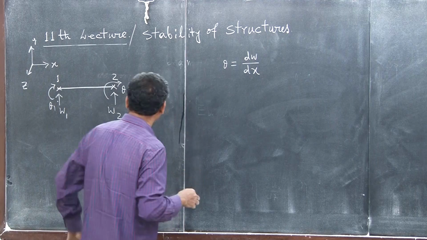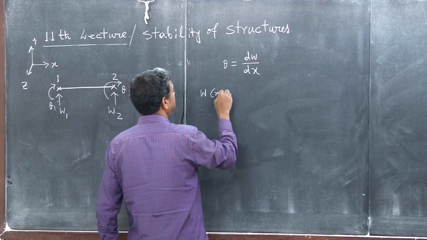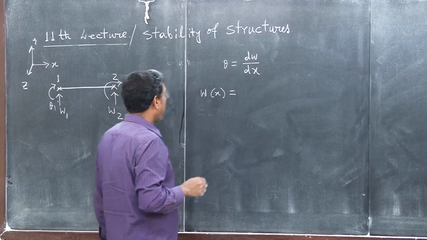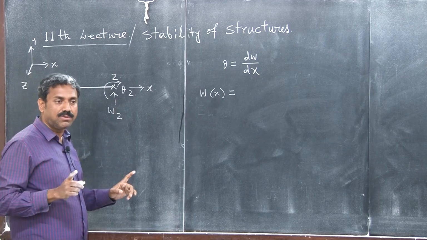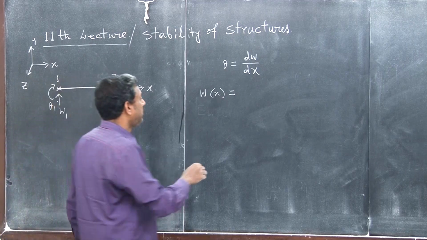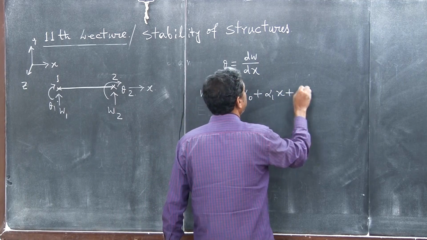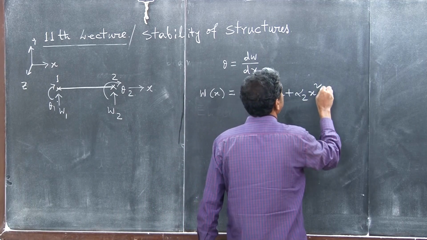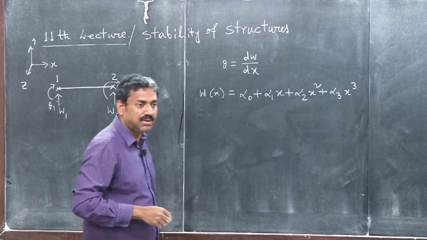So what is the displacement field W? W is the displacement. So I am writing W displacement field. How many constants do I know? W1 theta 1, W2 theta 2, 4. So we can evaluate at the maximum 4 constants, right? So may I write W equals alpha 0 plus alpha 1 x plus alpha 2 x square plus alpha 3 x cube, right? 4.